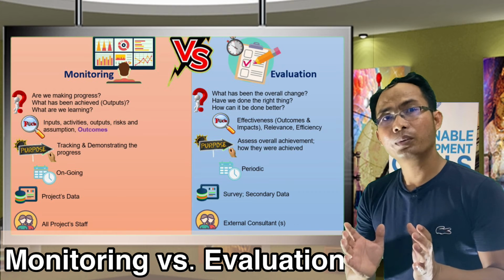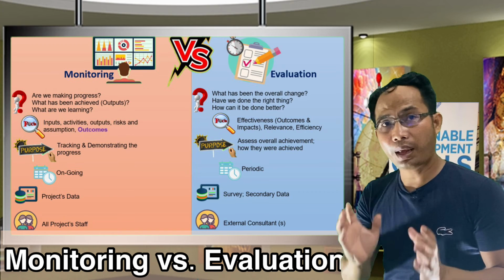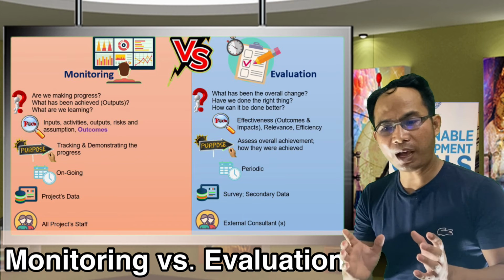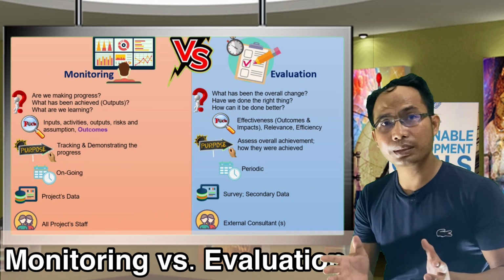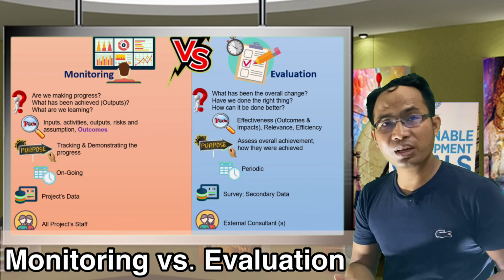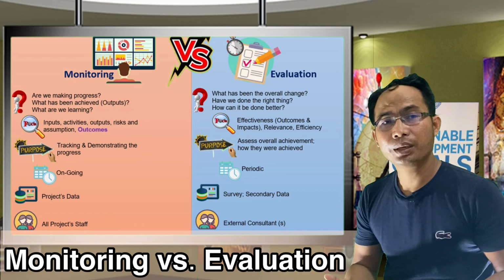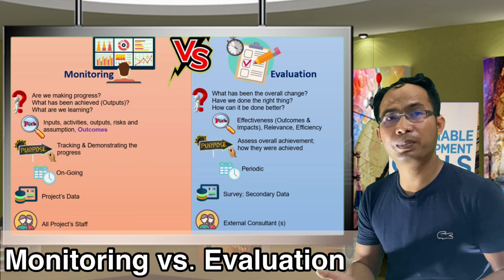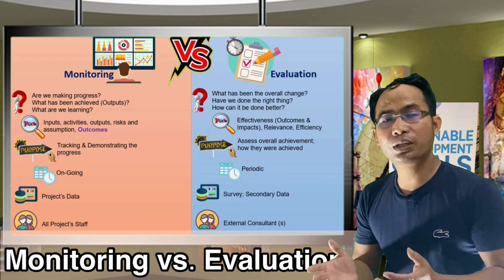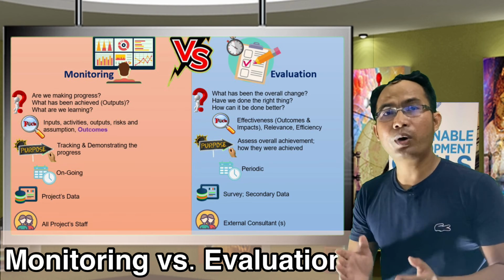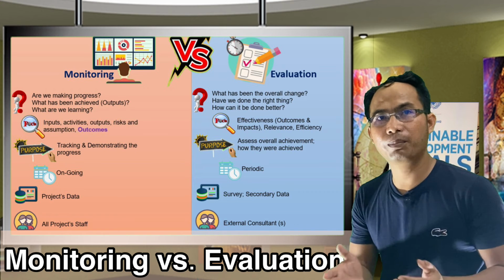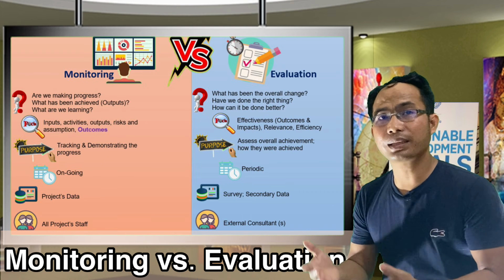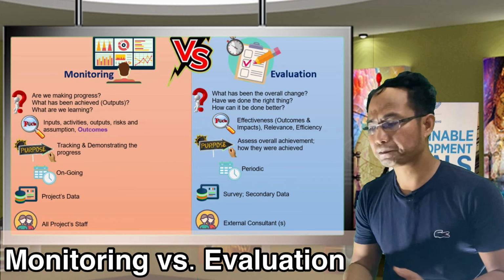Since this is about collecting data and making a conclusion on how we have done certain things, what overall change has been achieved through our project, this needs to be transparent. This data needs to be transparent and accountable to the donor. That's why very often this activity is conducted by an external consultant, because donors trust external consultants more than internal staff.